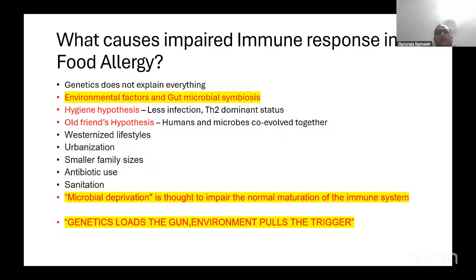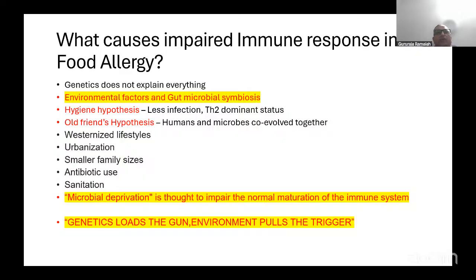Now it is widely understood that the critical missing exposures are not common childhood illnesses, but rather a vast and diverse array of commensals and environmental microbes, often termed the old friend hypothesis, in which humans and microbes existed together. Factors associated with westernized lifestyles, urbanization, smaller family size, antibiotic use, and sanitation have dramatically reduced our exposure to microbial diversity.